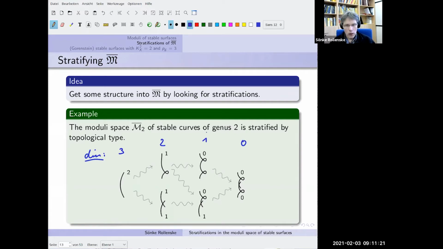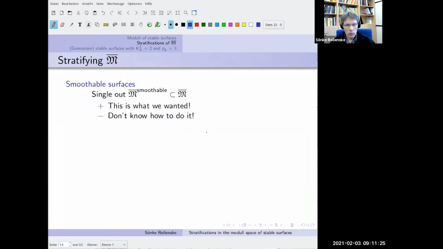Now let's look at some possible ideas for what we could do in the moduli space of stable surfaces. The first one is not so much stratification, but the problem that we have this big moduli space of stable surfaces, and we would like to single out the closure of the Gieseker moduli space, sometimes called the main component.